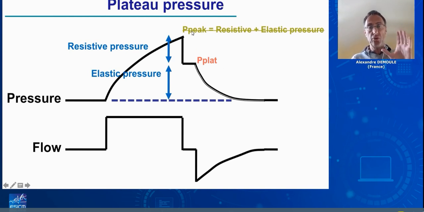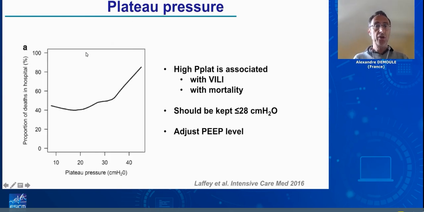I don't look that much at peak pressure because peak pressure reflects the resistive and the elastic pressure. So you cannot make the difference between what is due to resistance and what is due to elastance. This is the reason why plateau pressure is really important. What we see on this graph on the left is that plateau pressure is directly associated with the mortality of ventilated ICU patients.